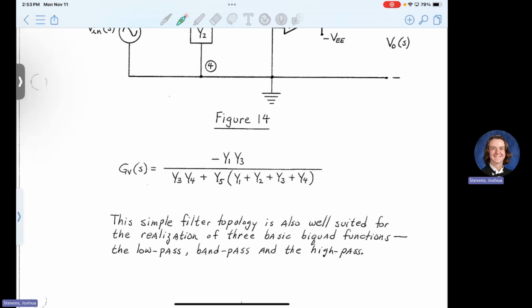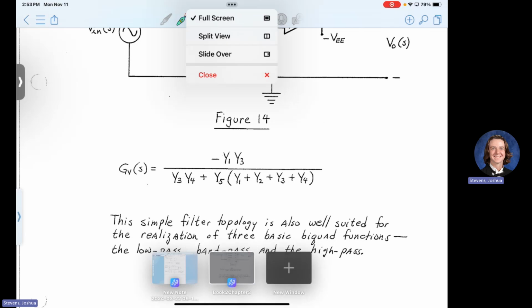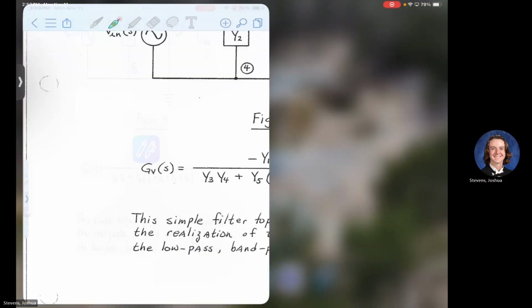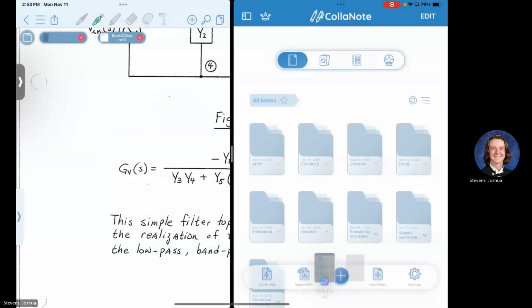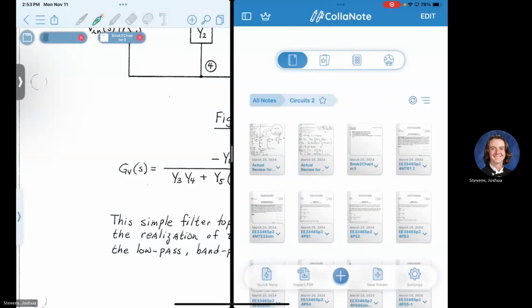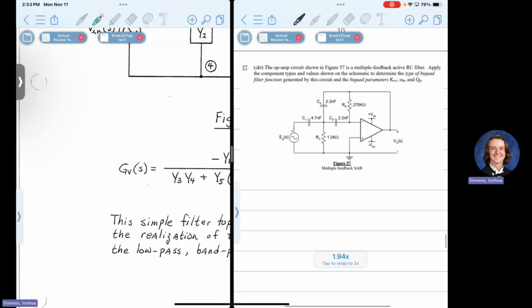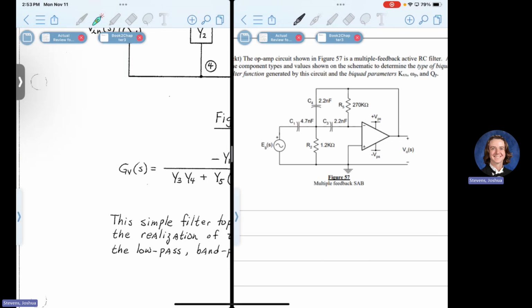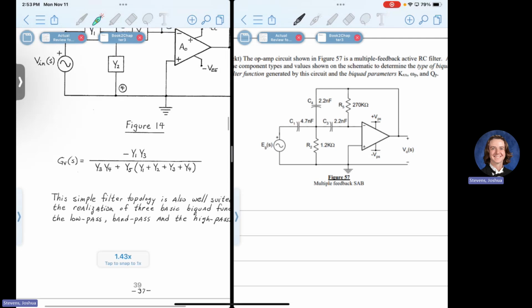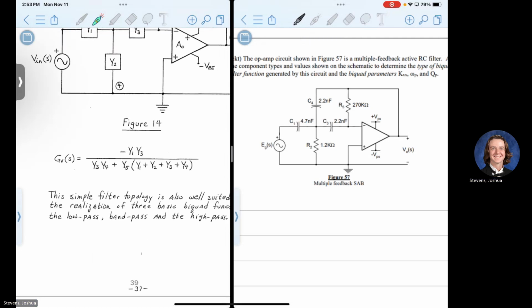Okay. So let me do this. We have C1, R2, C3, C4, R5. And this is multiple feedback, right? So we need to be in impedances.